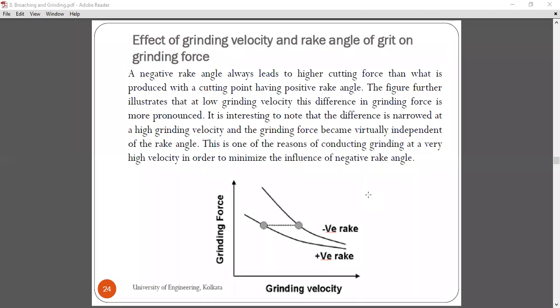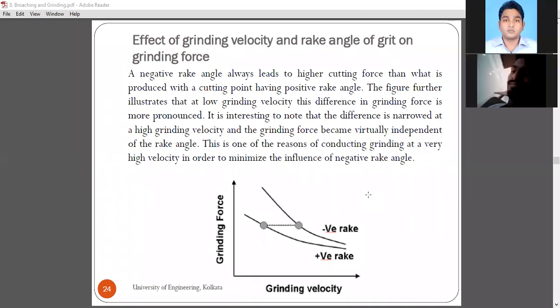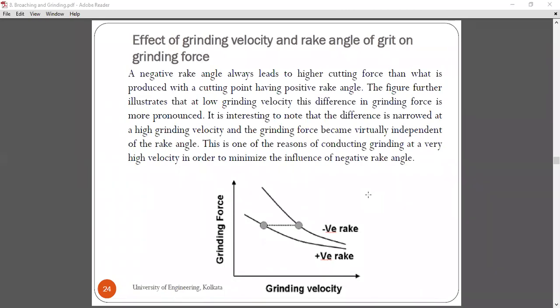In order to eliminate the influence of the negative rake angle, which is the cause of the power consumption, we have to increase the cutting velocity. That is why grinding is performed at a higher cutting velocity.